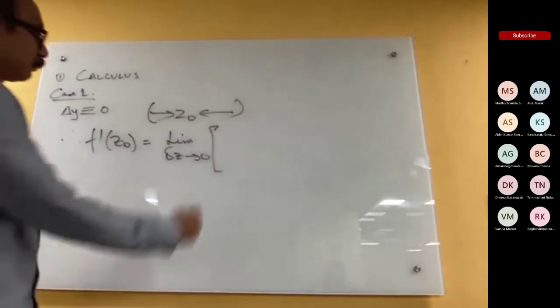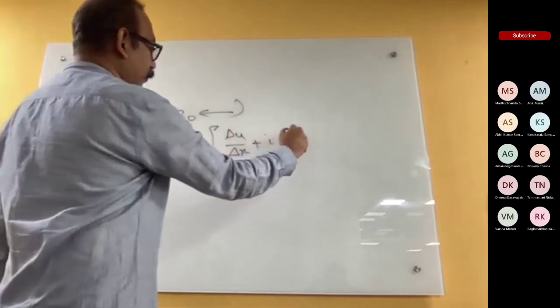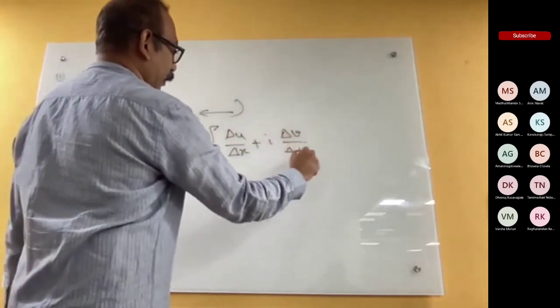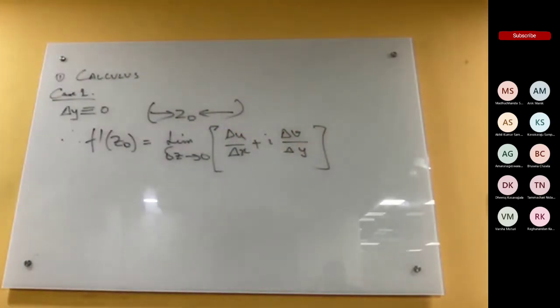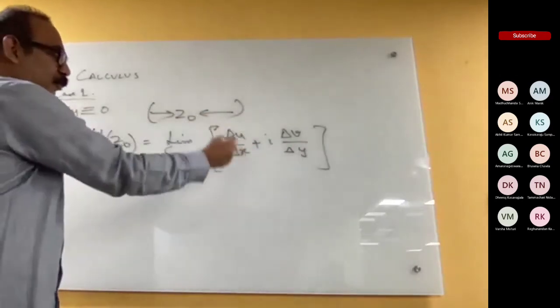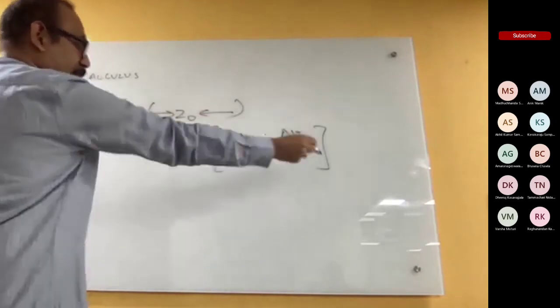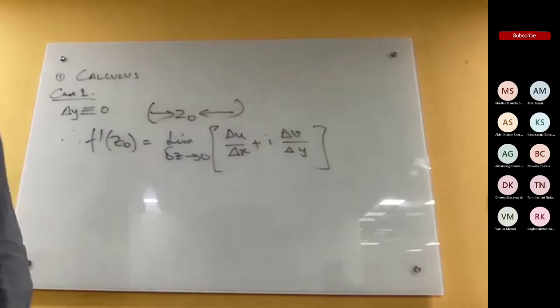You have delta u by delta x plus i delta v by delta x. Correct? Because that's how we defined it.